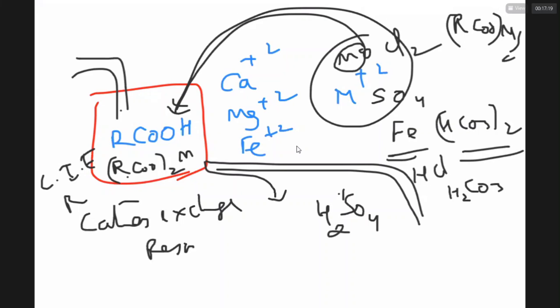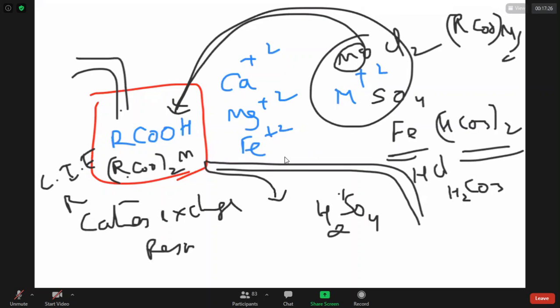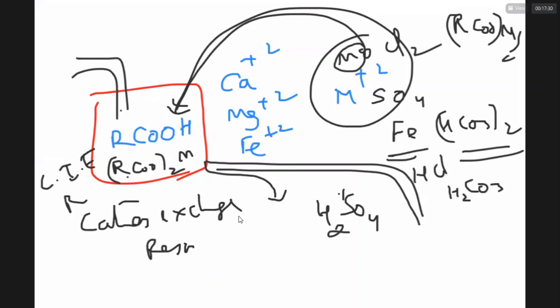Like Allah, our cation exchange resin takes any metal ion, Na⁺, Mg²⁺, Fe²⁺, any metal ion, and it gives H⁺. That is cation exchange resin. It takes any cation, any positive ion, and gives H⁺. The hardness of water may be caused by calcium sulfate, magnesium chloride, iron sulfate, anything. The metal ion is taken by cation exchange resin and it gives H⁺.